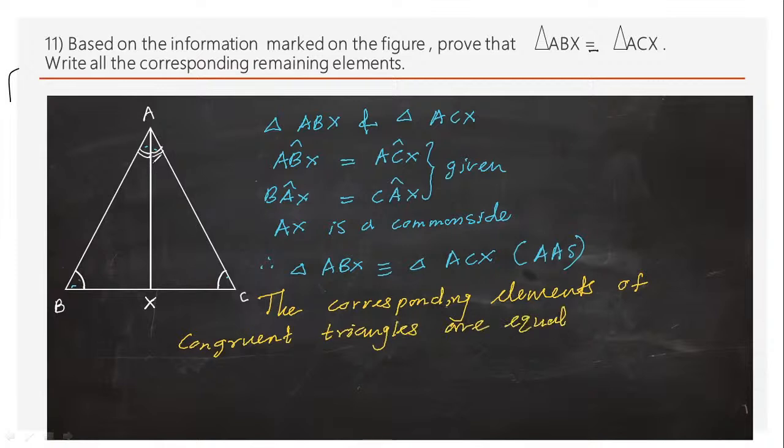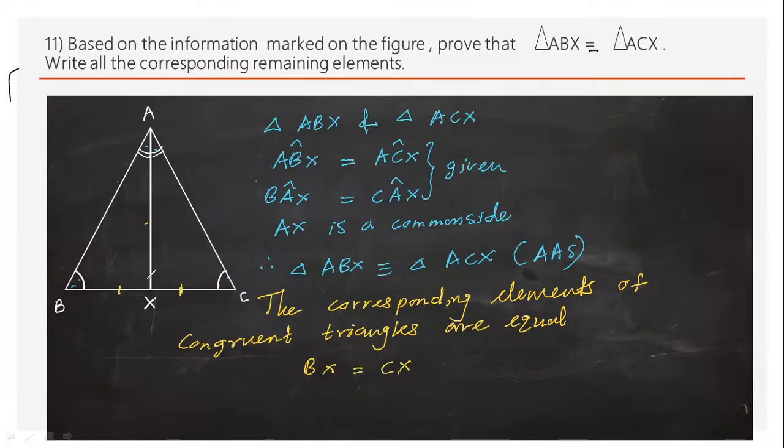So that you can write what are the corresponding elements. A, B, X, then this, that is already mentioned, and the B, A, X. Now these two sides are equal: BX equals CX.